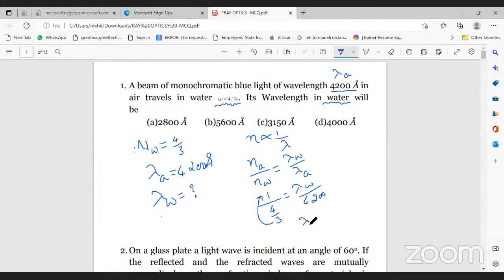So can you simplify for the wavelength in water? This becomes 3/4. Do the cross multiplication with 4200.